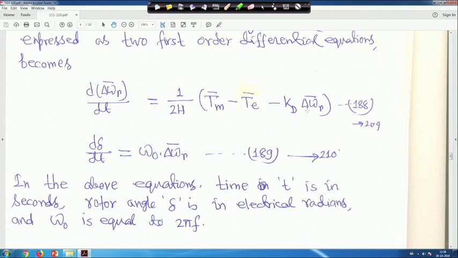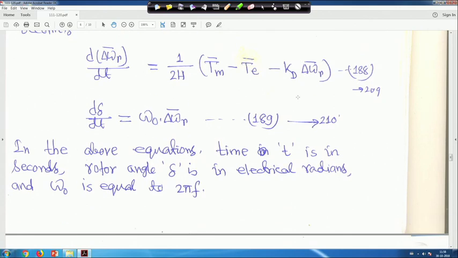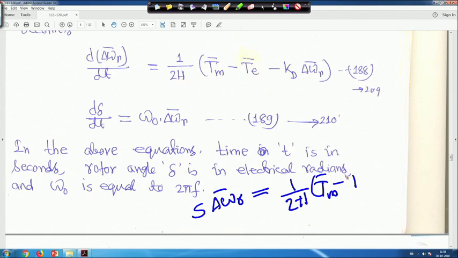If you take the Laplace transform on both sides, I am not again and again writing these quantities as functions of s, only s I will put.